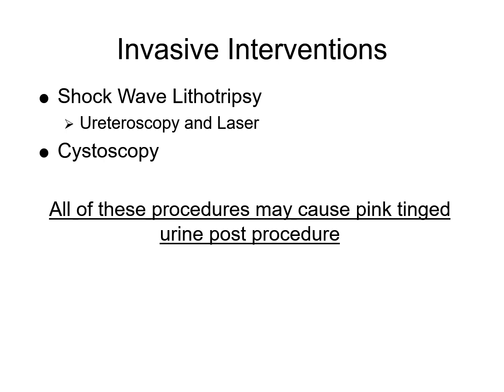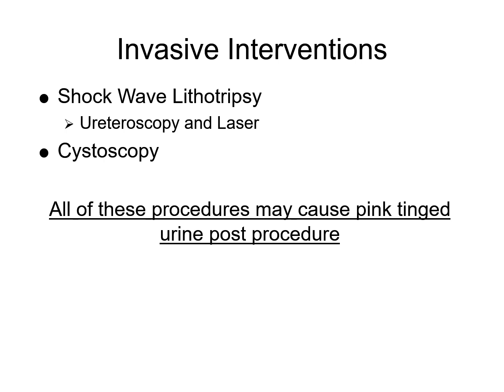Let's talk about some invasive interventions that they might do to check the kidney. And why do I want you to know about these? Well, because some of these can cause the urine to be pink tinged, and that's normal.